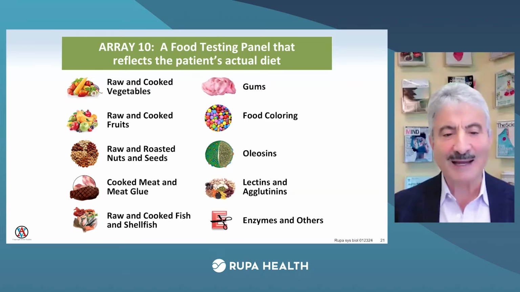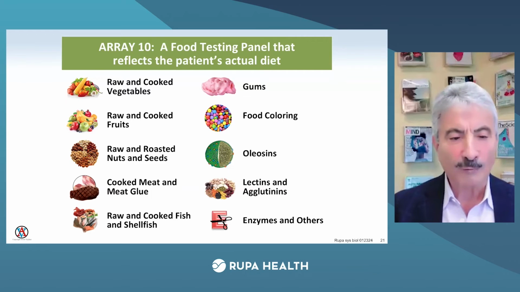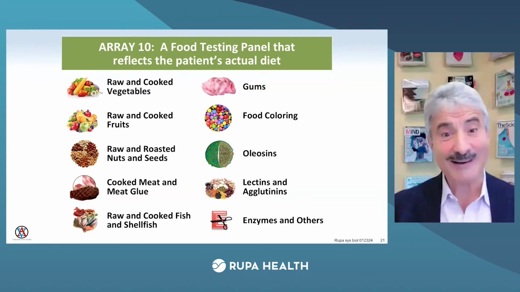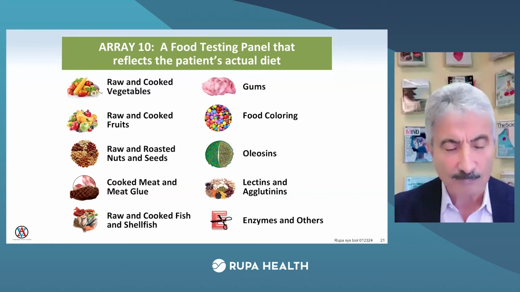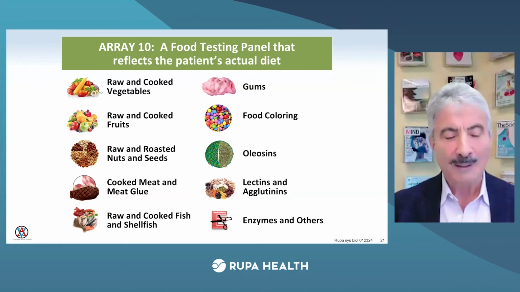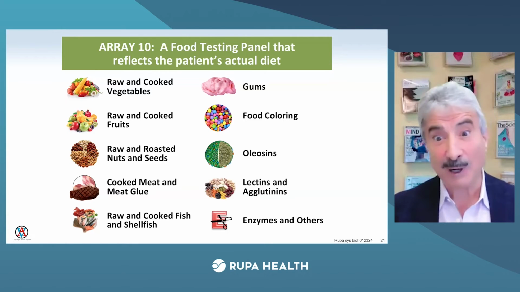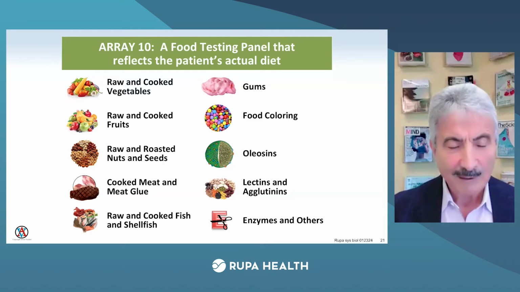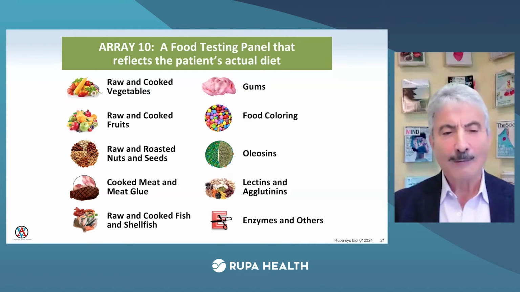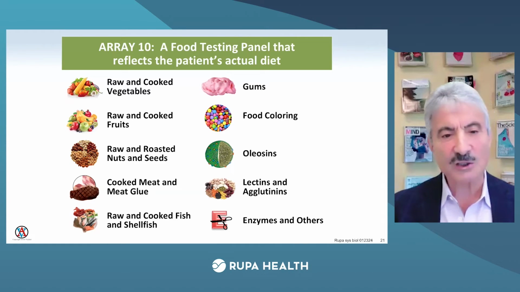If we consume that food in cooked form, we extract antigens from the cooked form of that food and measure antibody against that. If we consume the food in both cooked and raw forms, we measure antibodies against both. If we don't do that, the probability of getting false positives and false negatives is extremely high.